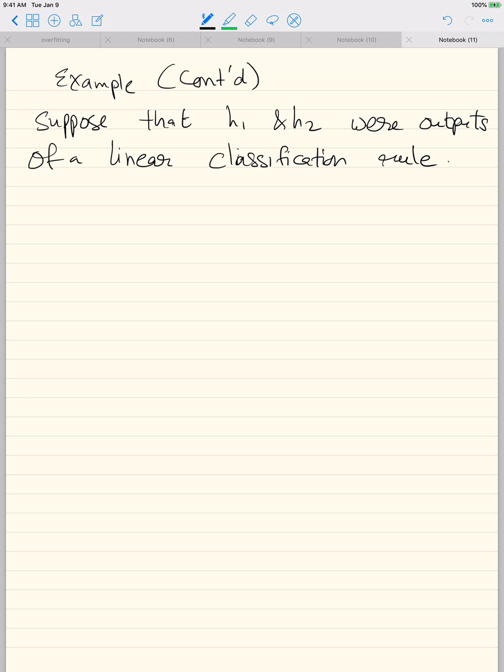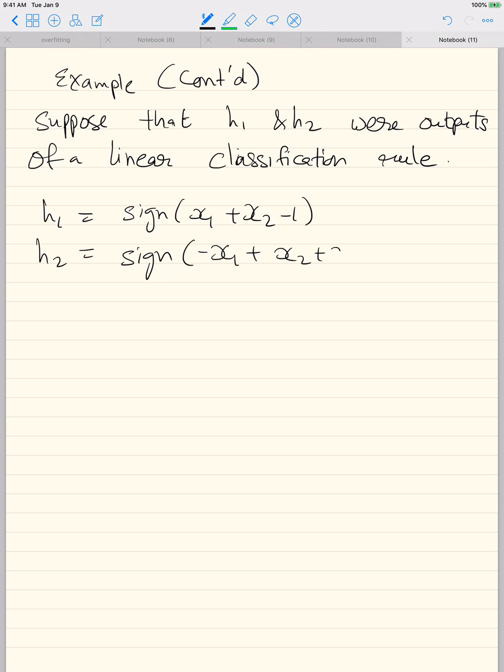In other words, suppose H1 was obtained through the following line: sign of x1 plus x2 minus 1, and H2 was obtained through sign of minus x1 plus x2 plus 2.